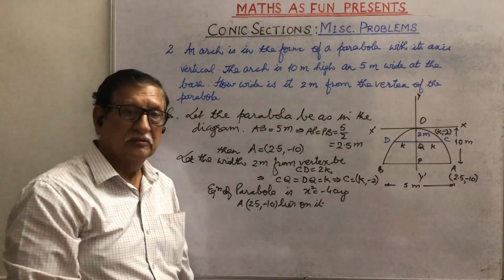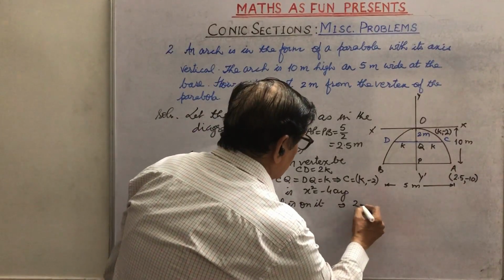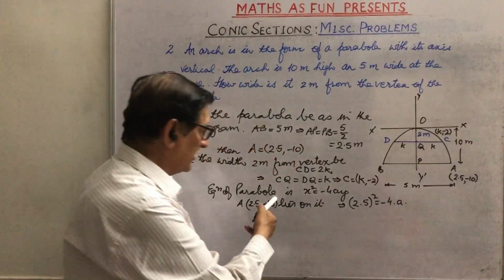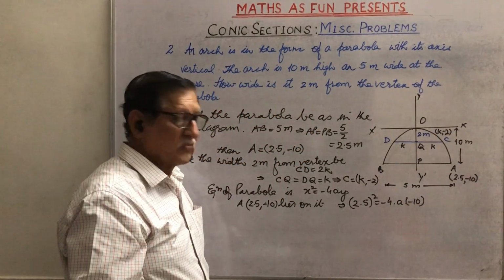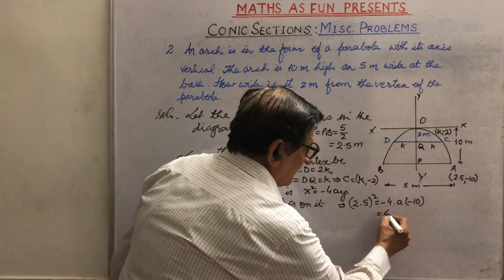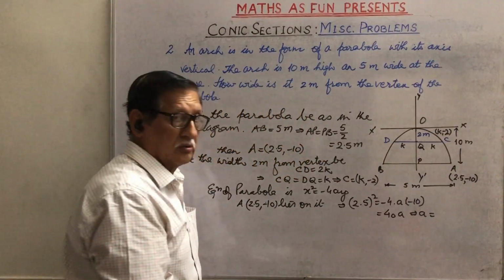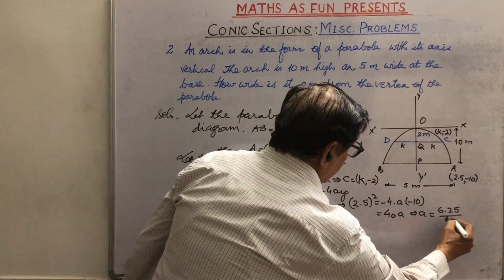So this point will be satisfying this. So can we write here 2.5 square is equal to minus 4 into a into minus 10, which is equal to 40a. It means we are getting a is equal to 6.25 upon 40.